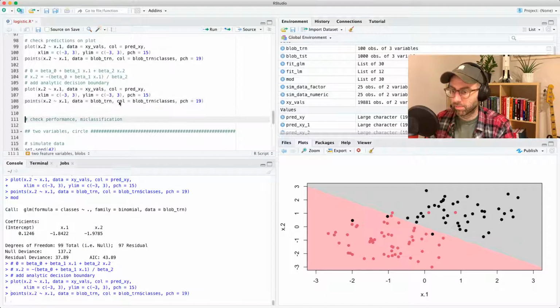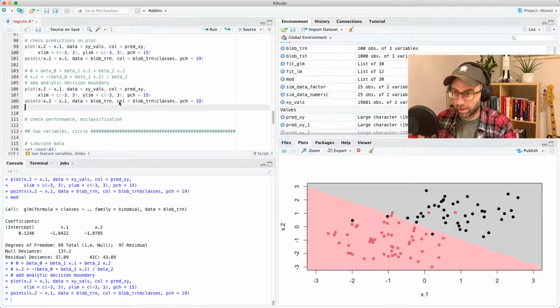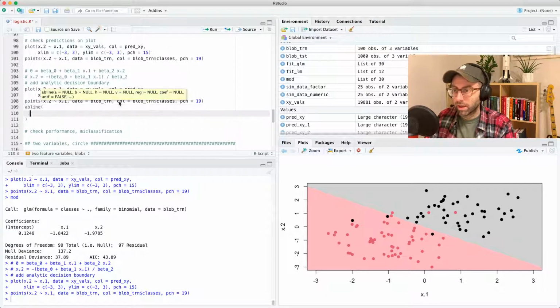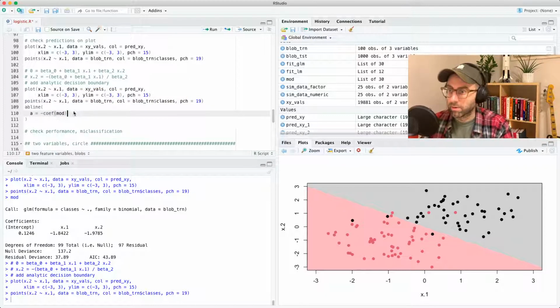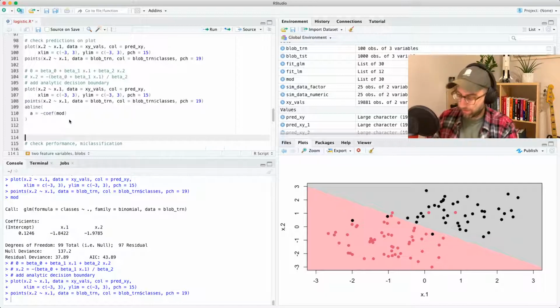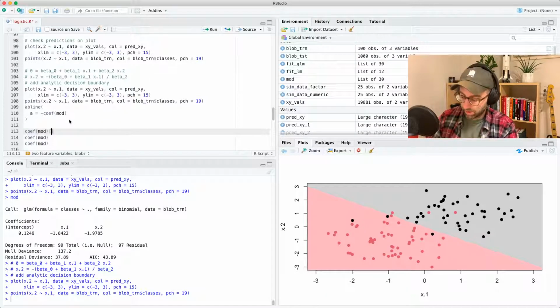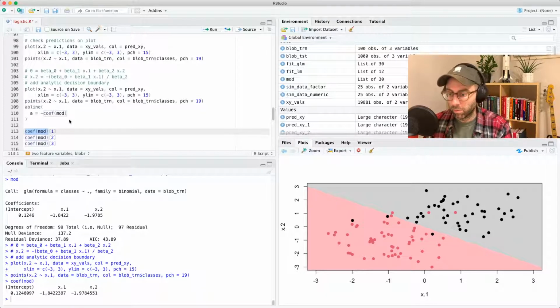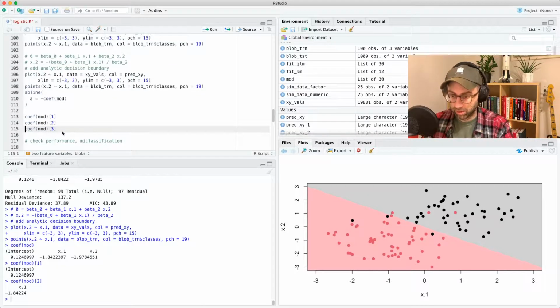So by my math, that's the same plot already. What I need to do is add a line. The intercept of that is minus the coefficient. Well, real quick, notice that we have the 3 coefficient values for the intercept, x1 and x2.